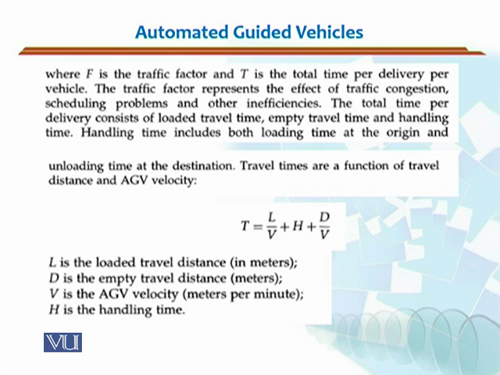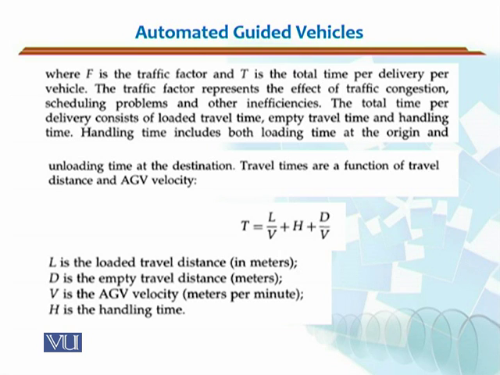When the vehicle travels loaded, it is the loaded travel time. When the vehicle is empty after unloading, it is the empty travel time. So the travel times are a function of travel distance and AGV velocity.